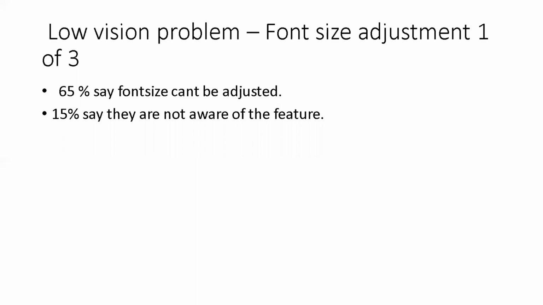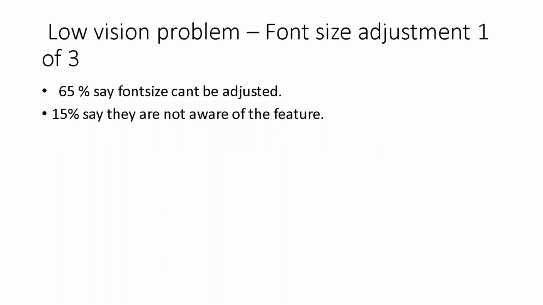So coming to the low vision problems, 65% say that font sizes cannot be adjusted in various applications. Of course, 15% say that they are not aware of the feature. Maybe they haven't explored the accessibility features.